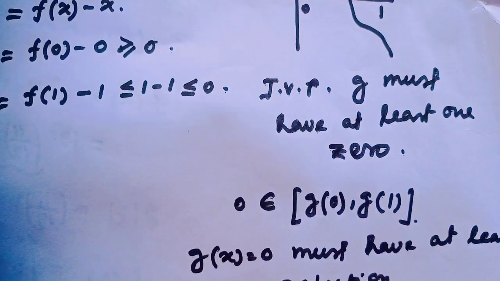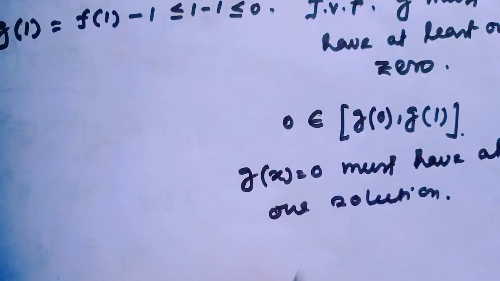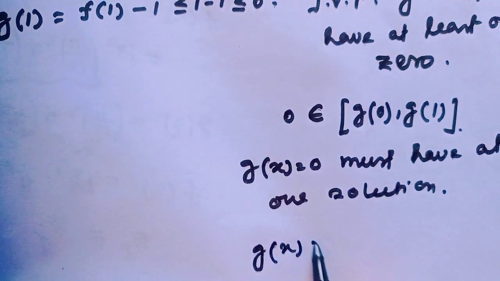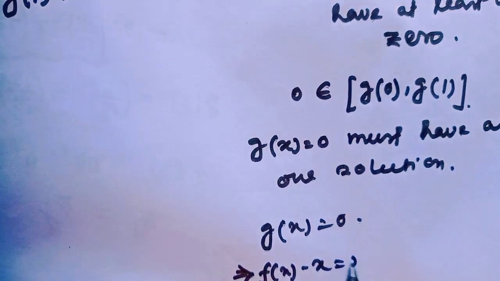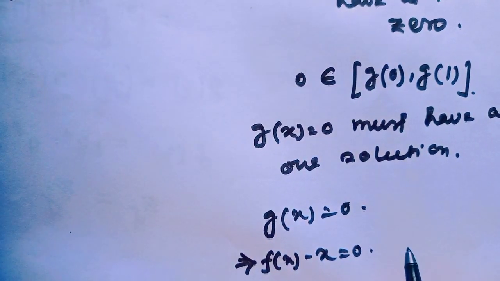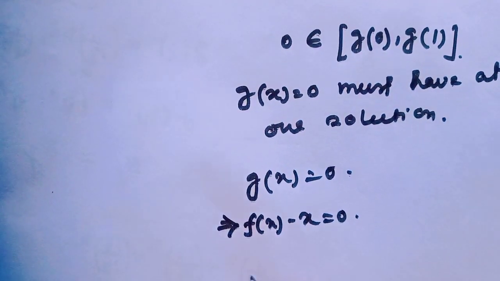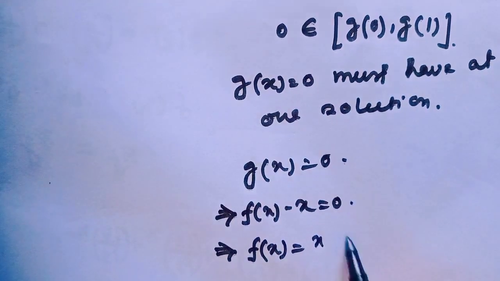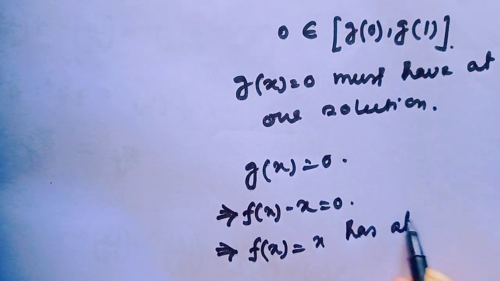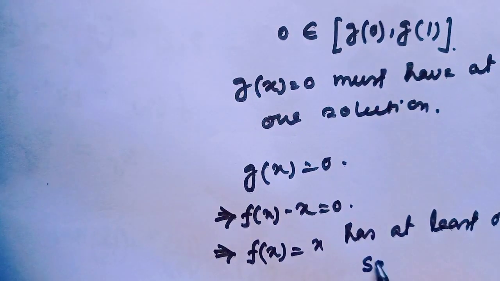Okay? g of x equal to 0 means f of x minus x equal to 0 has at least one solution in the interval [0,1]. That means f of x equal to x has at least one solution. Okay?